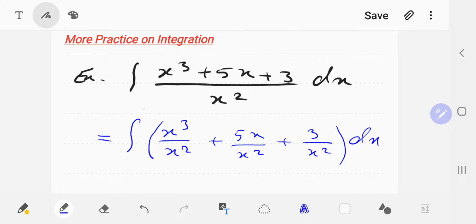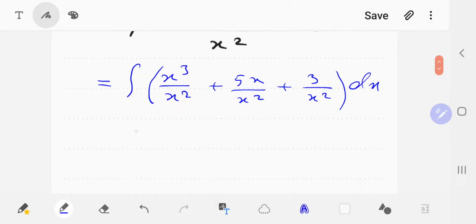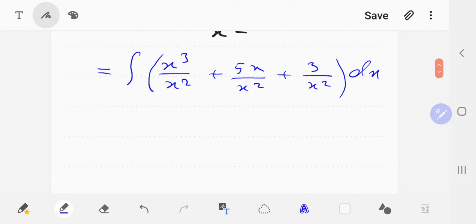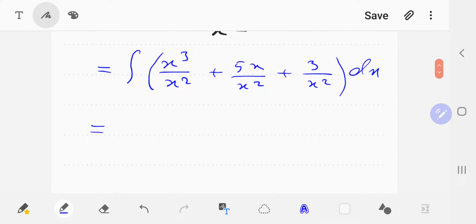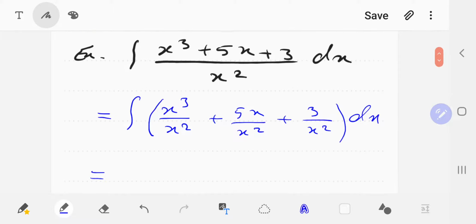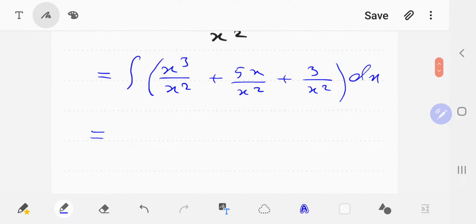Up to you, actually. You can take it up by negative power and multiply by all the terms, or you can do this, distribute the denominator for each term. That's up to you. For me, I prefer this one. So, of course, you can do long division since the power of a numerator is greater than power of denominator. So there's more than one way to simplify.